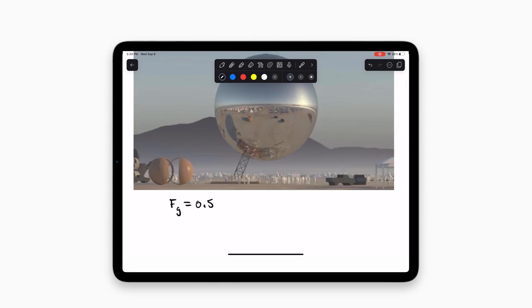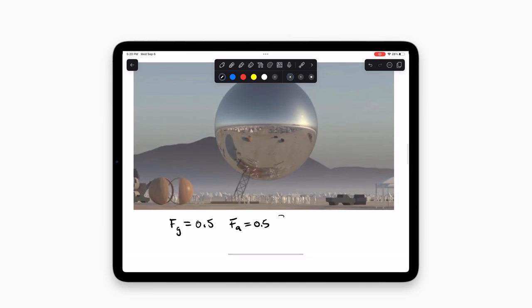Well, what about sky? That's Fa, again, long wave, that's about 0.5. So it would be easy to say that the sum of our long wave radiation would sum to unity, or 1, but in a simple system like this, half is ground, half is sky, and this is our long wave.